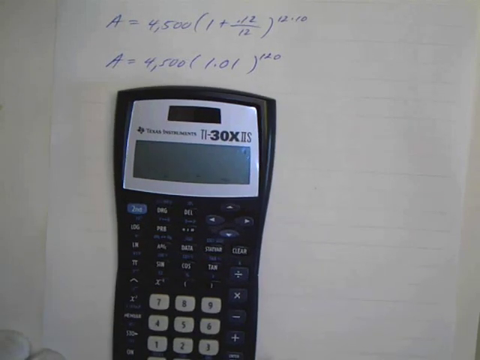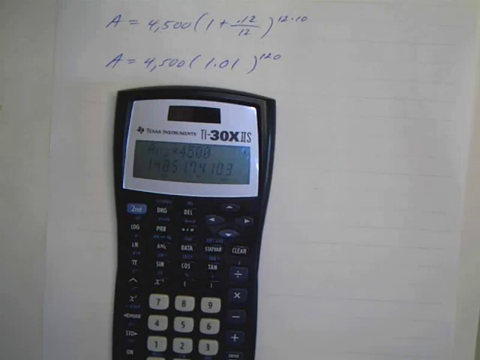Clear that. And say 1.01. Now this calculator is nice. It's got a little caret right over here, and that's going to tell you to raise to the power. And I just put 120. And I can press enter, and then I multiply that times 4,500.